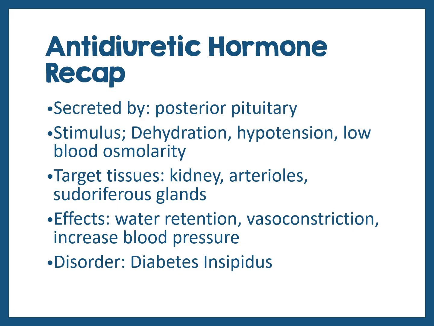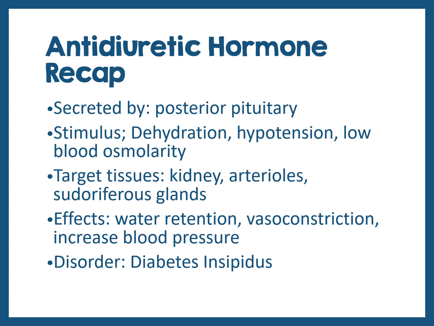If you haven't learned what osmolarity is, that's basically how much water is in your blood compared to all the other stuff, like all the sugars and salts and everything else. So if you have low blood osmolarity, then that means that there's not enough water in your blood.